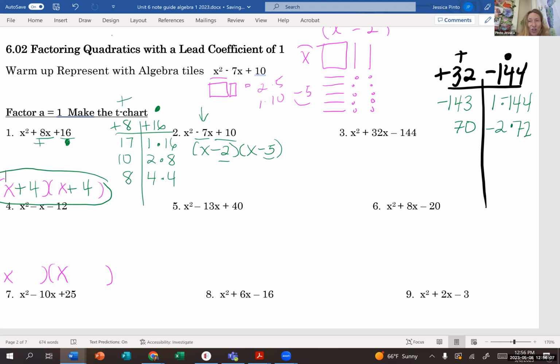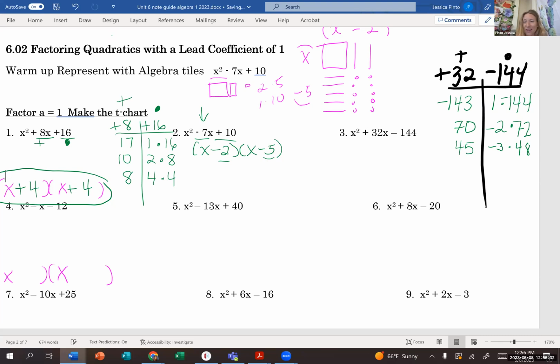So I'm getting much closer to 32. Next, I would go with 3. 1, 2, 3. So 3 times, and I divide that, and I get 48. And I'm doing negative 3 plus 48, which is really 48 minus 3. I get 45.